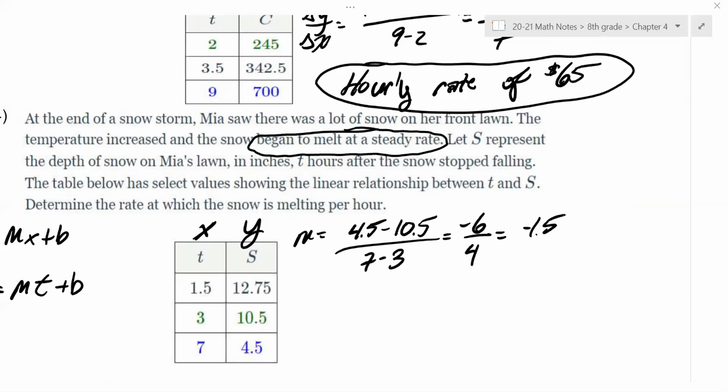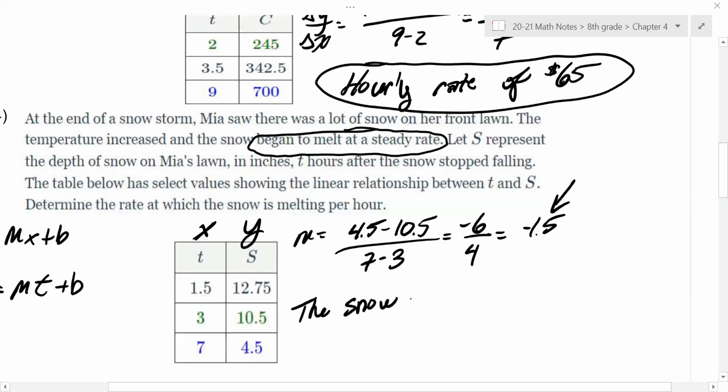But the question is asking us, how much is the snow melting? If the snow is melting at negative 1.5 inches an hour, we wouldn't necessarily need to put a negative in our solution. It'll still be negative for the slope, but you could write it like this.